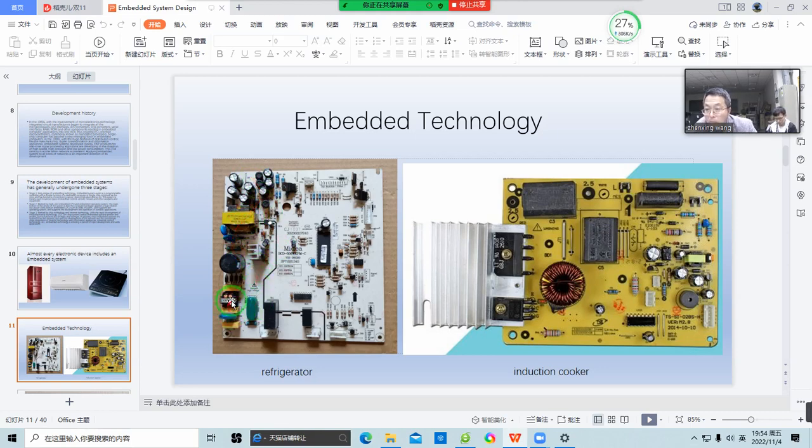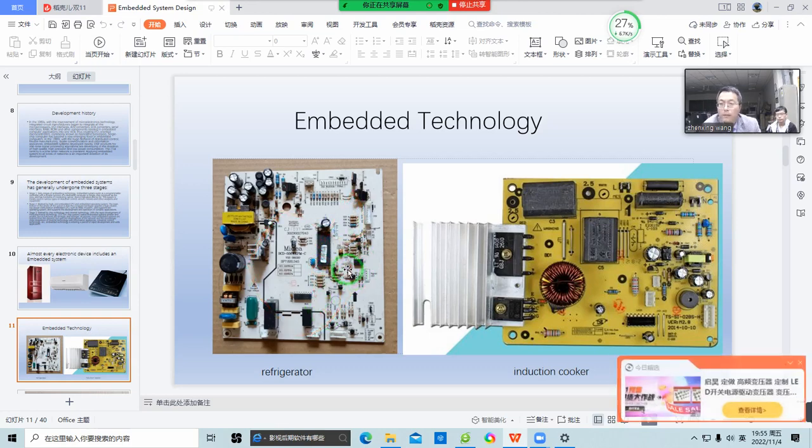And then there are some inductors to reduce EMI interference. Here are some simple sensors, some resistors and capacitors. So it's a very simple PCB board, not complex.